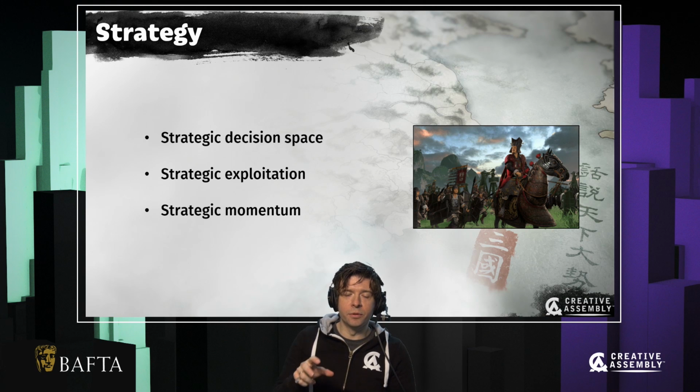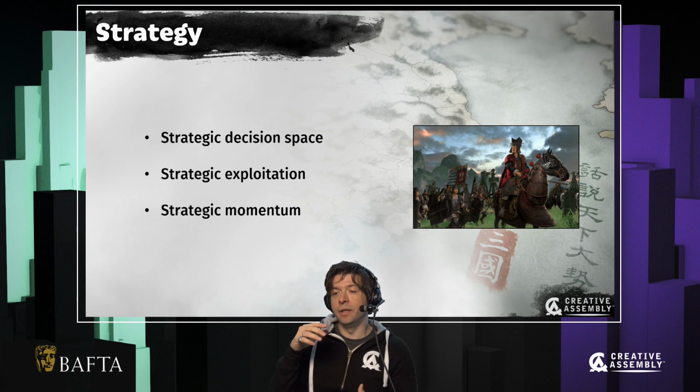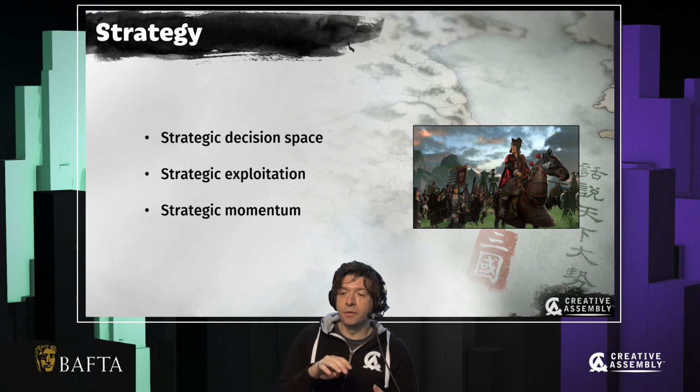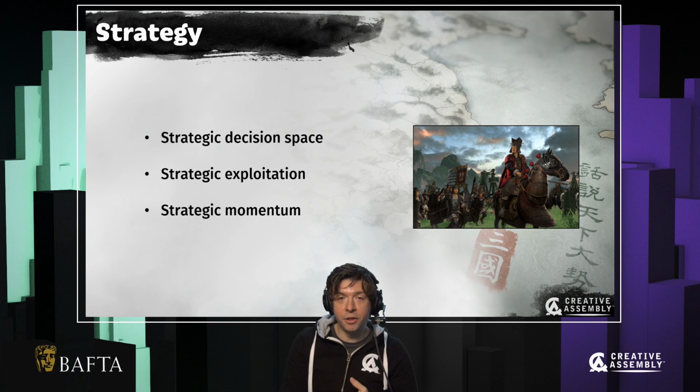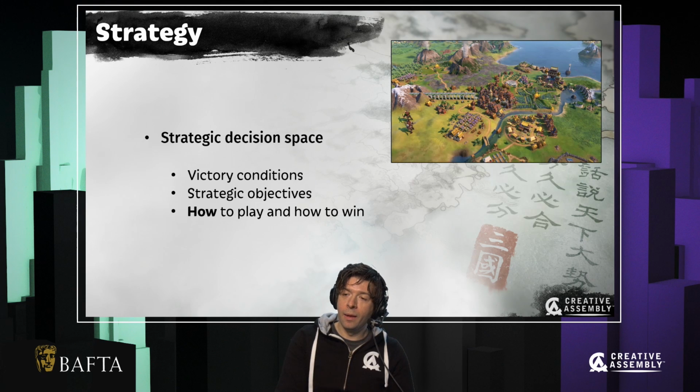And to discuss this, I want to introduce 3 terms around sort of strategic decision making in games, which is the strategic decision space, strategic exploitation, and strategic momentum. The strategic decision space is basically about the variety of strategic goals and objectives you can define. Super easy example is from Civilization, where you have different victory objectives and you can decide which one to go for.